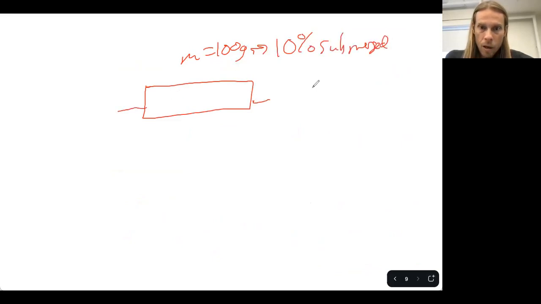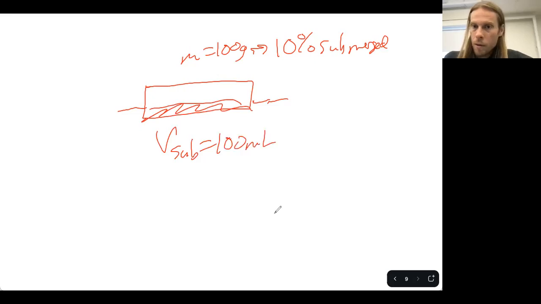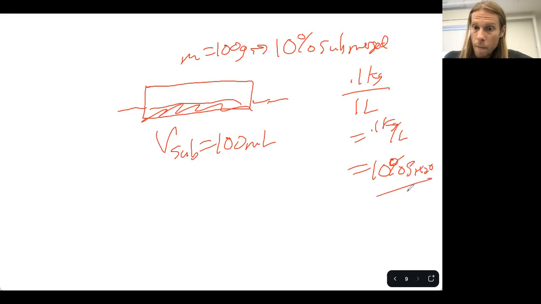We had, what was it, 100 milliliters submerged? Right? 10% submerged because 100 grams, 0.1 kilograms per 1 liter, is 10% density of H2O. That's 10%.